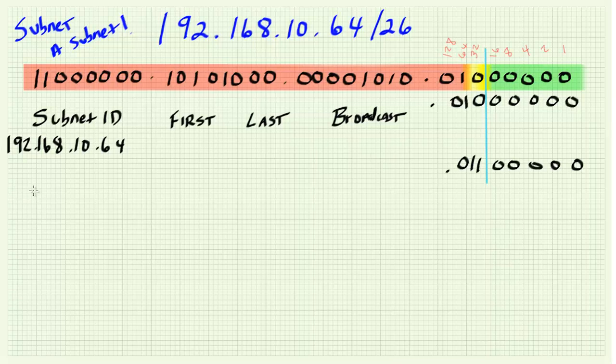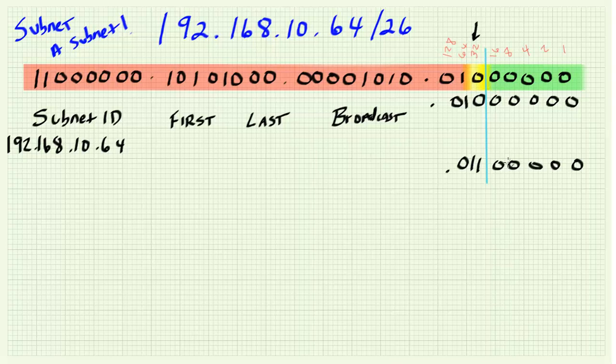So let's go ahead and write out our next subnet. What's it going to be? Well, how do we know what it's going to be? Remember that magic number that we started to talk about. This is the increment by which the subnet ID values increase. And remember that the increment is always going to be the least significant subnet bit, which in this case is the one and only subnet bit that we have, which is this one right here.